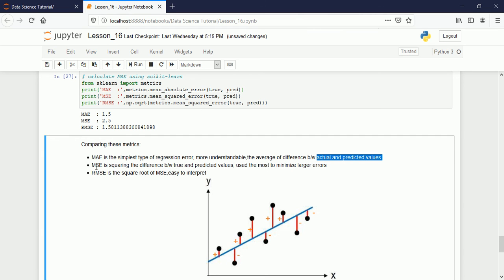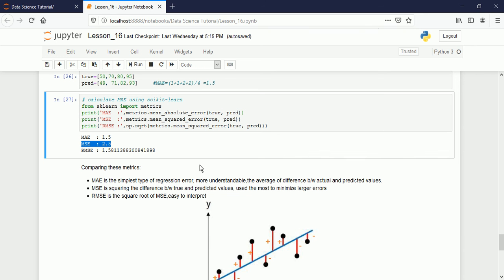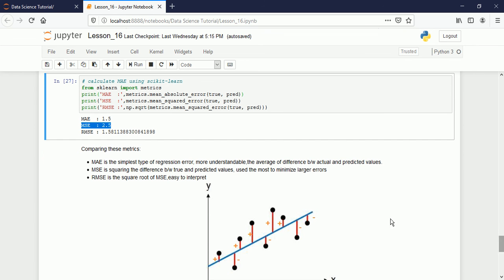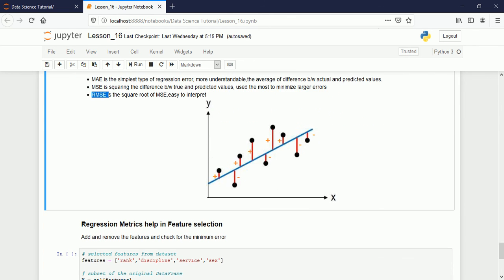And then mean squared error is the squared difference between true and predicted values, used the most to penalize larger errors. If we have larger values, we use this one for easily interpreting them. Root mean square error is used the most and is easy to interpret. Now what are these errors, friends, actually?